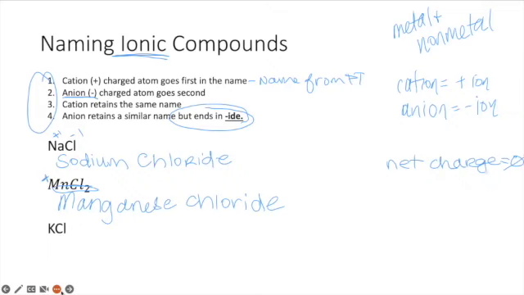So let's go ahead and do this last one. Potassium. K is potassium. It retains the exact name from the periodic table. I didn't realize that all of these ended in chloride. It's not a great example. But other common ones, oxygen becomes oxide.